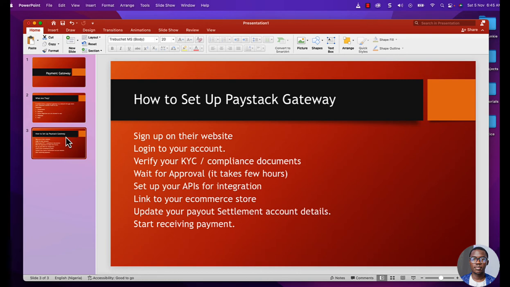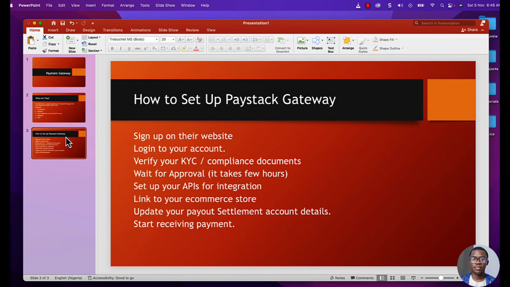This helps the company to know who they're actually working with, and you can also call that a compliance document. And also you have to wait for a few hours. Sometimes it can take a few hours or within an hour for them to get back to you that your account has been approved.